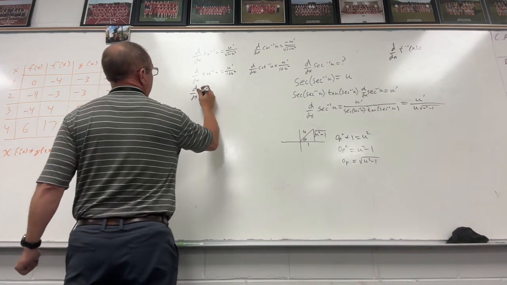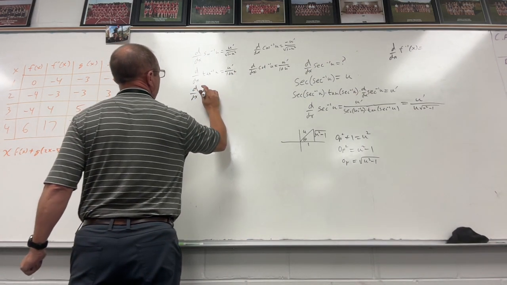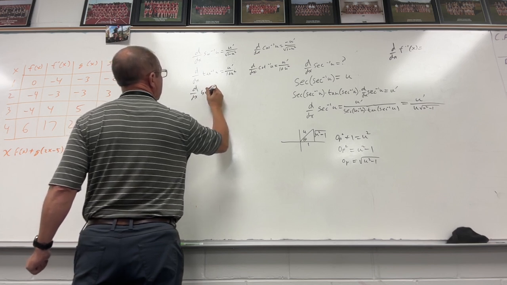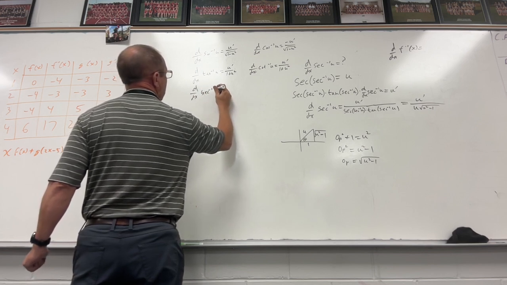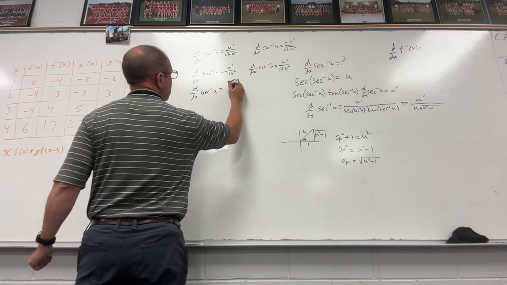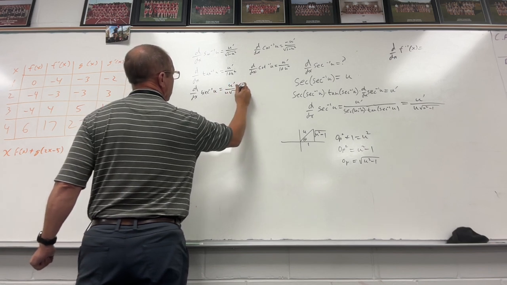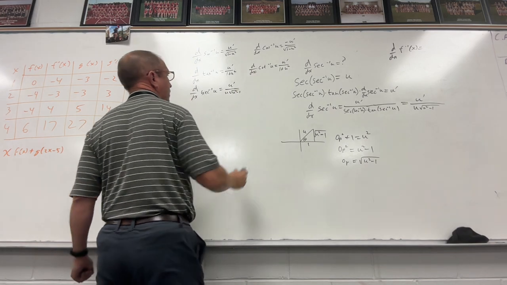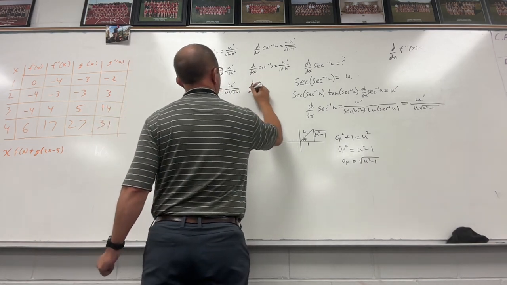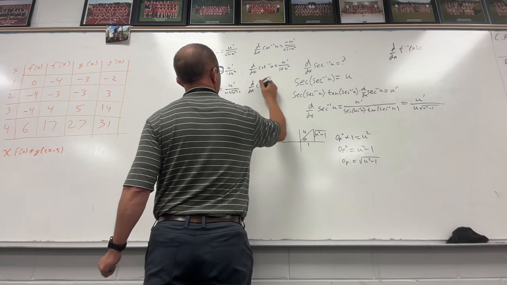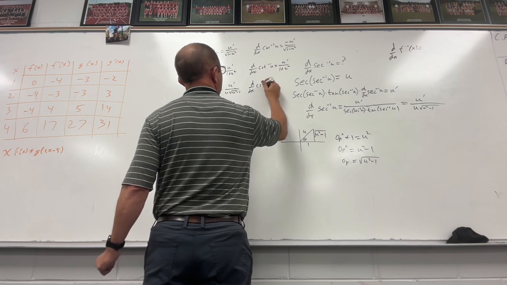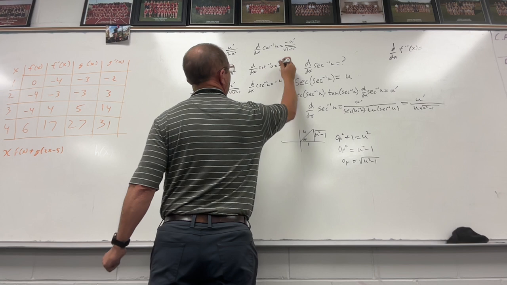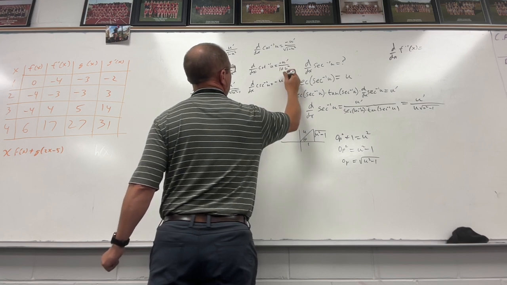So the derivative with respect to x of secant inverse of u is u prime over u times the square root of u squared minus 1, and the opposite of that is the negative. Oh, that should have a negative with it right there. Sorry.